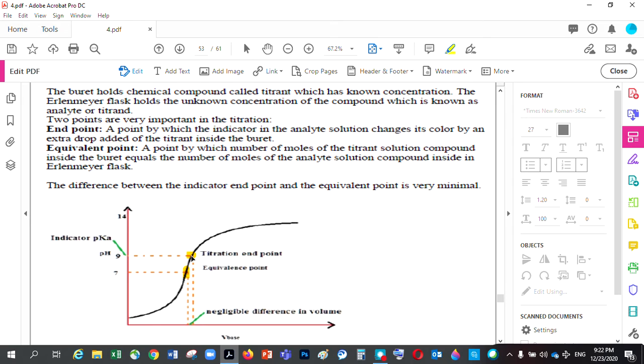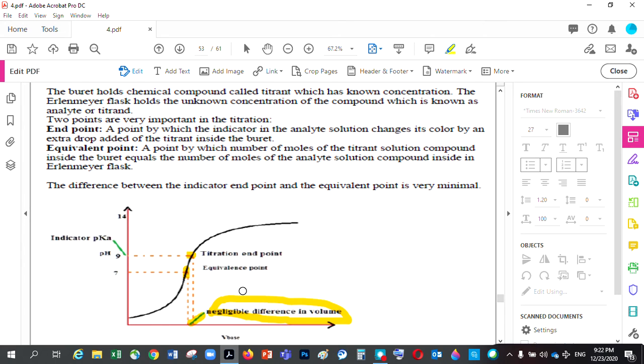But we use the cheapest method, which is the indicator method, which signals the change of the color, from the acidic medium to the basic medium. The difference between them is very, very tiny. It's really negligible.